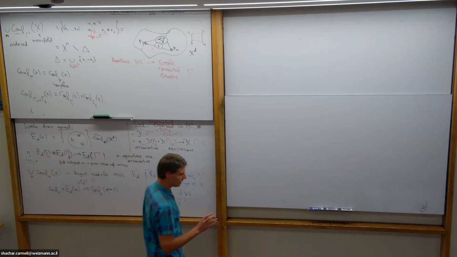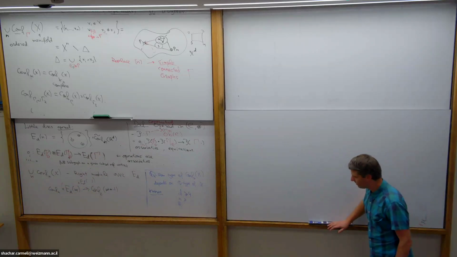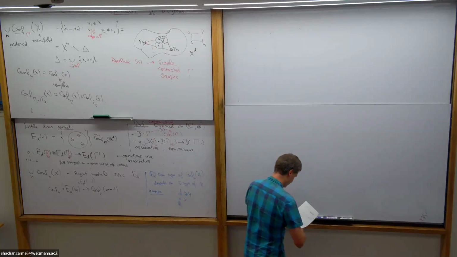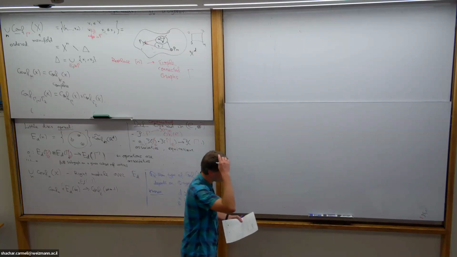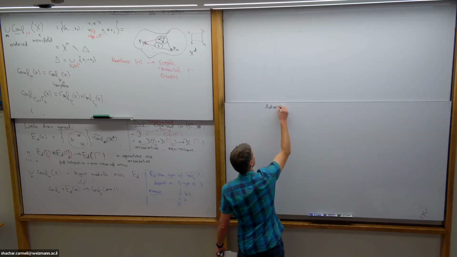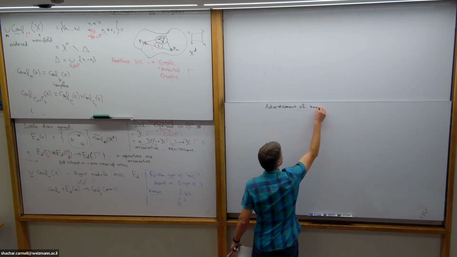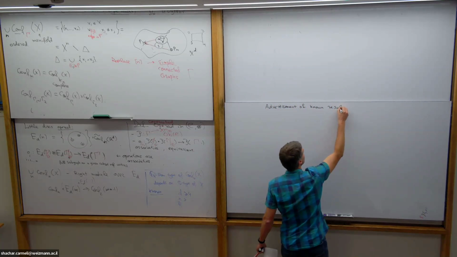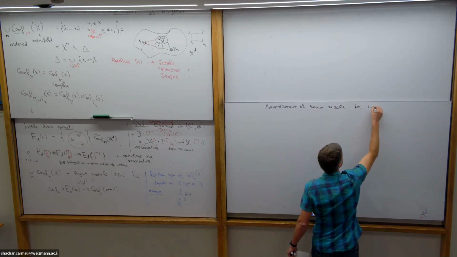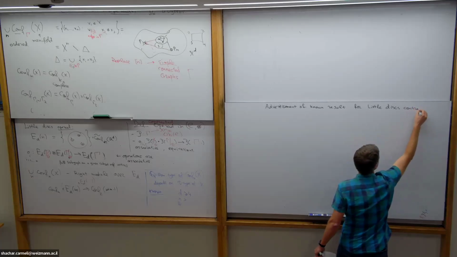There are some other contractads and some interesting examples of contractads, which maybe if I have some time I will say, but let me say some advertisement of the known results for little disks contractad.